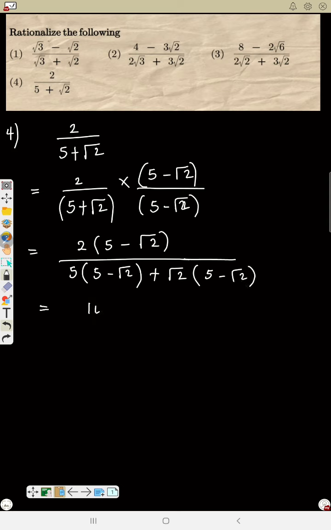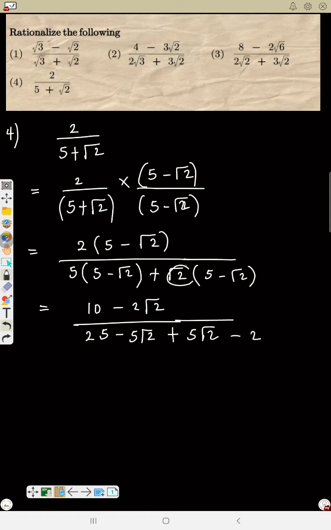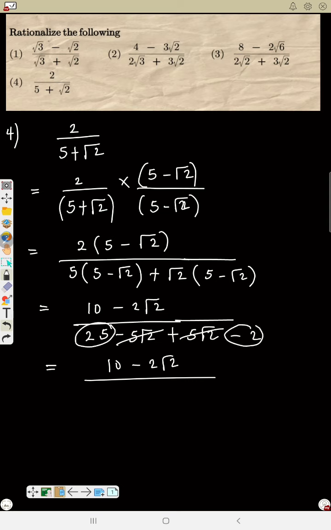Now expand. 2 times 5, 10, minus 2 root 2, divided by 5 times 5, 25, minus 5 root 2 plus 5 root 2 minus 2, that is root 2 times root 2, 2. So this will be 10 minus 2 root 2 over, now minus this plus this will cancel out. Now 25 minus 2, that is 23. So that is the answer.